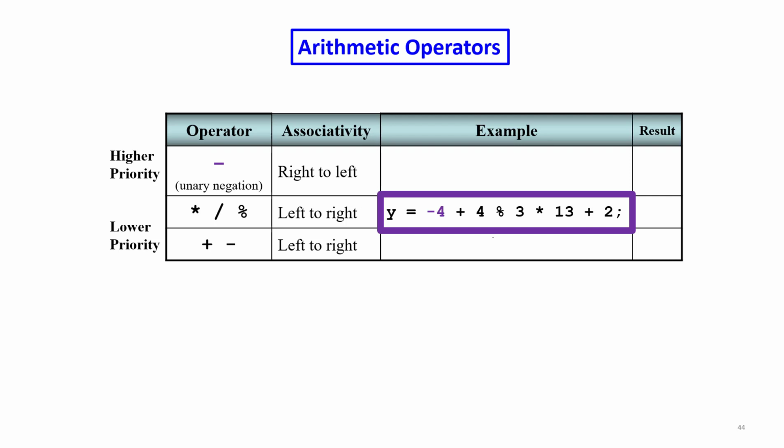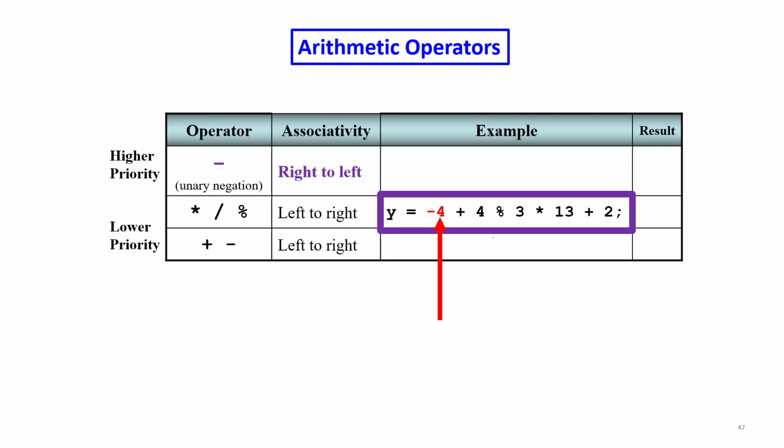The first pass looks for unary negation, a minus operator that has no operand to its left. The first pass will be from right to left, looking for a minus operator that has no operand to its left. There's only one, here. So the compiler converts the 4 to a negative 4. That's the end of the first pass.